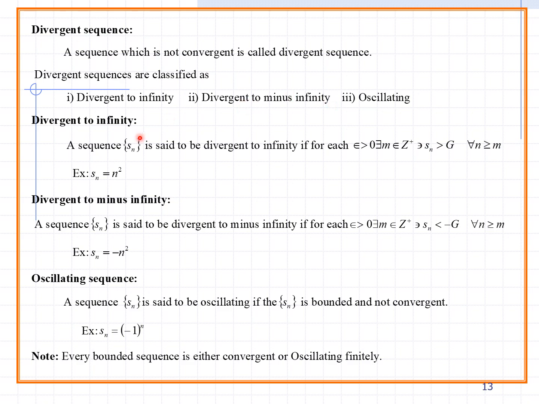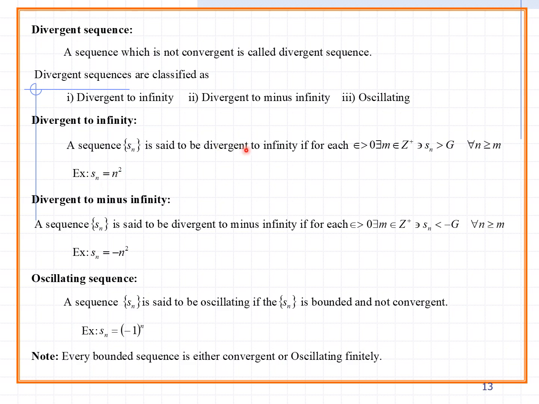Let us see divergent to infinity. A sequence Sn is said to be divergent to infinity if for each g greater than 0, there exists m belonging to Z plus such that Sn is greater than g for all n greater than or equal to m. For example, Sn equals n square.